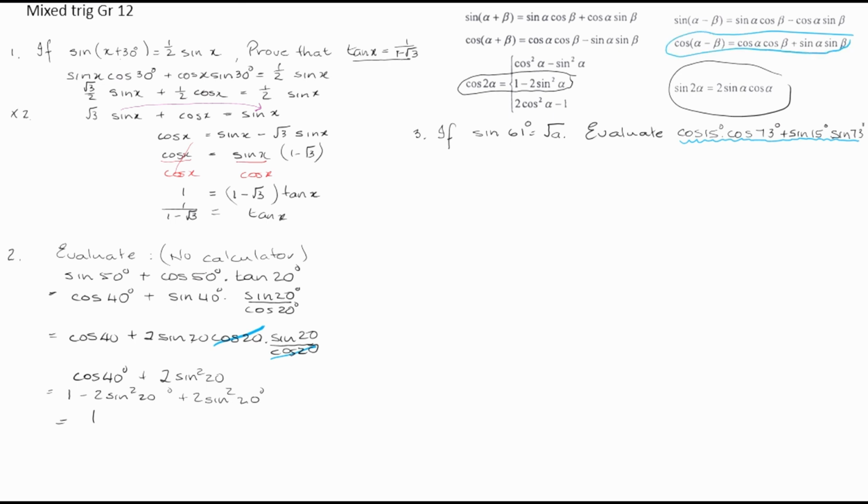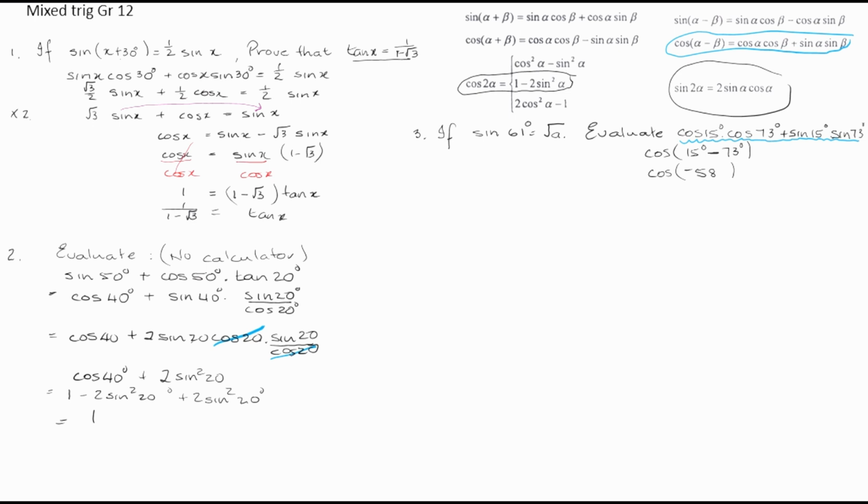Right, so bringing that down, we're just going to make cos 15 cos 73 the cos with a minus. The order doesn't matter for cos. 15 minus 73, and that will give me cos of negative 58.